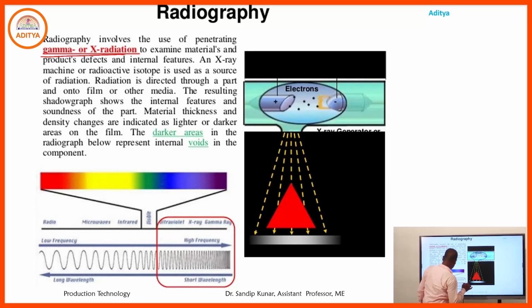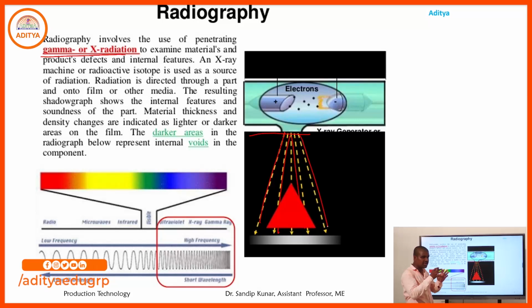If any defects are present in the welding joint, the radiation may be deflected at those defects. That is also shown on a digital device.